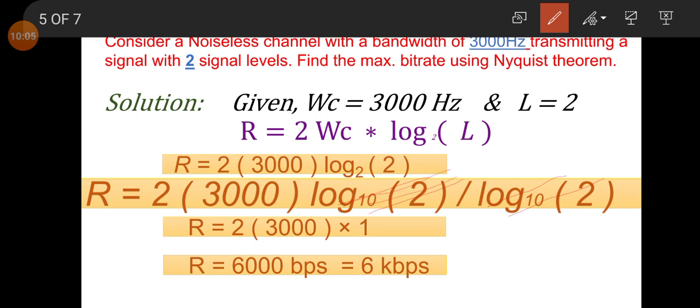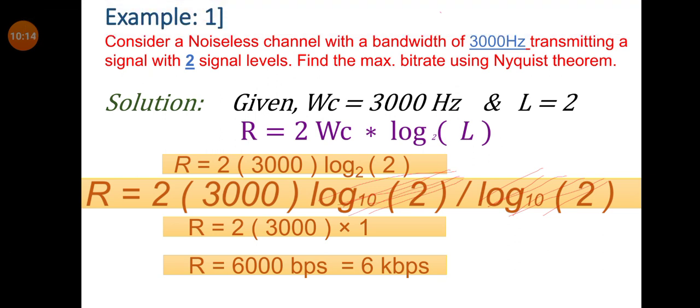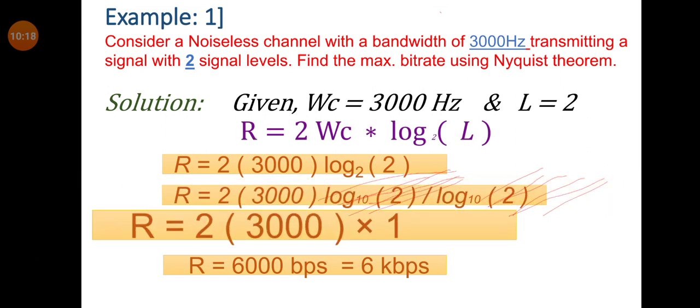Both get cancelled because numerator and denominator are the same. So when we cancel both, we get the value 1. Clear? So in the next step, 2 into 3000 into 1, because the logarithmic values get cancelled and we got the value 1. Clear? Okay, now simplify it.